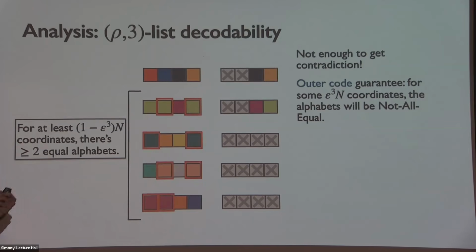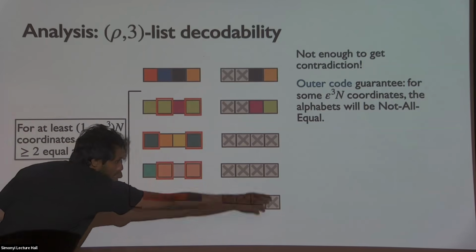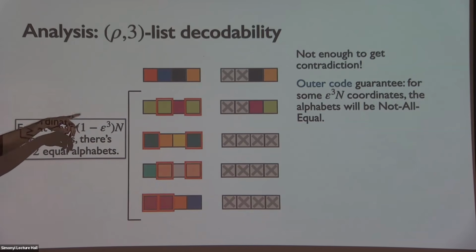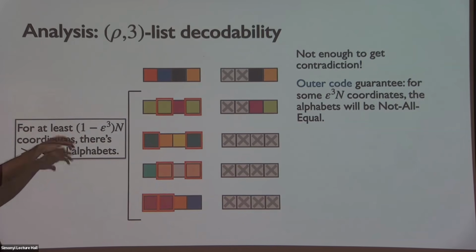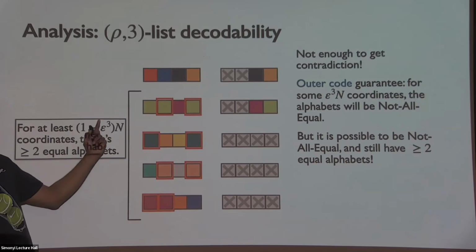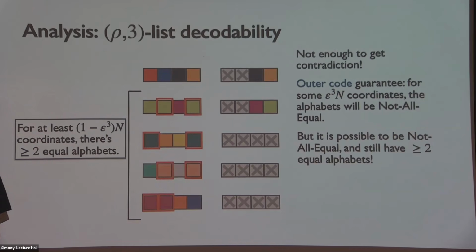That just follows from the distance of the outer code. You choose any two outer code words, you look at the entries, some epsilon cubed n coordinates will be not equal. But the problem is this: it's possible for a coordinate to be not all equal and still have at least two equal alphabets at the same time.